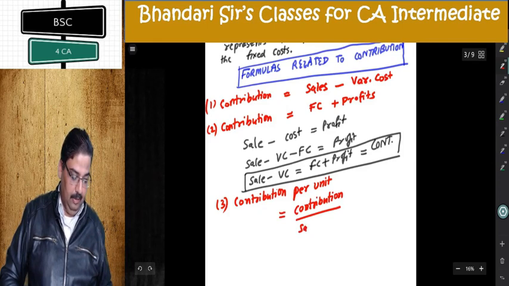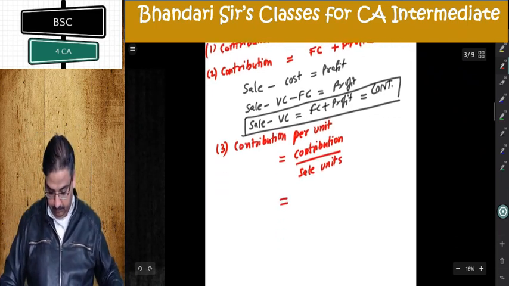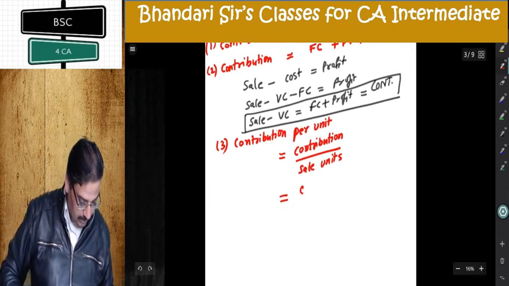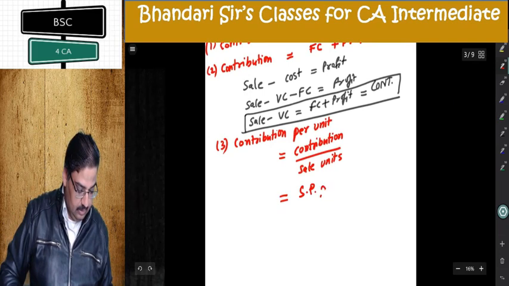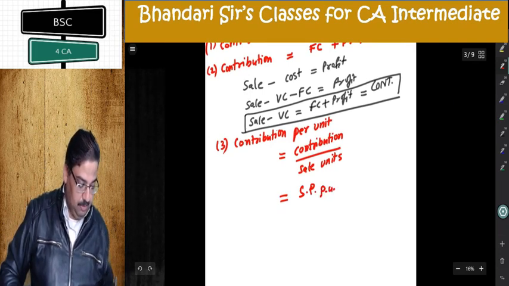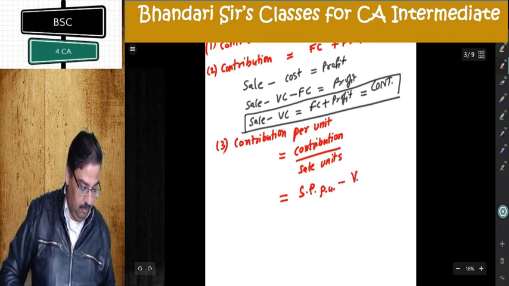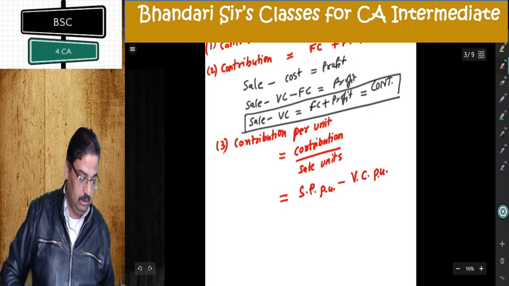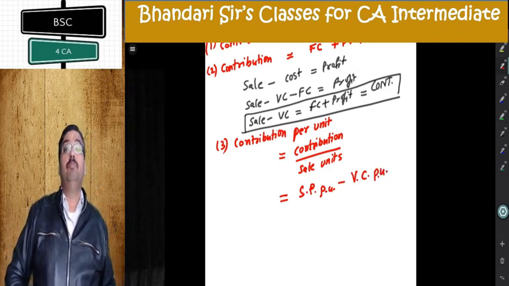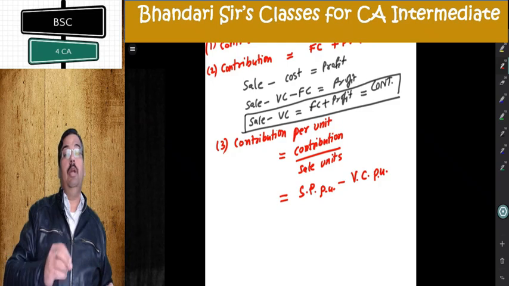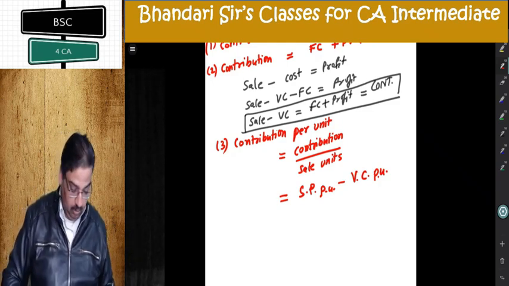Contribution divided by sale units. Very simple. Another is selling price per unit minus variable cost per unit. Per unit selling price minus per unit variable cost. That is also a formula.